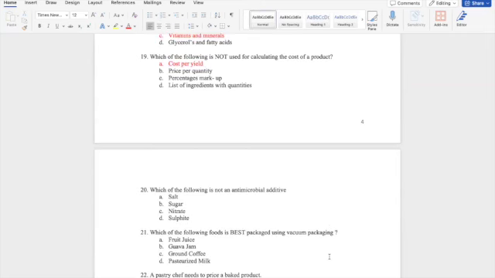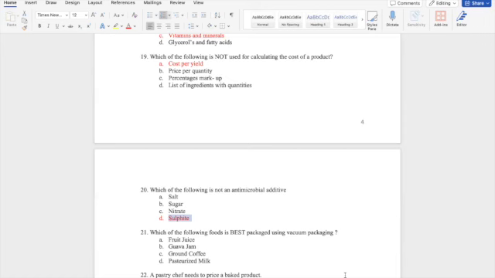Which of the following is not an anti-microbial additive, sorry, additive? All right, sulfate. Let's highlight that.